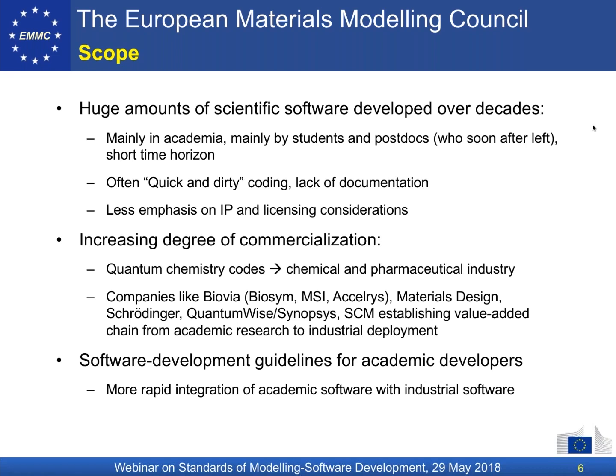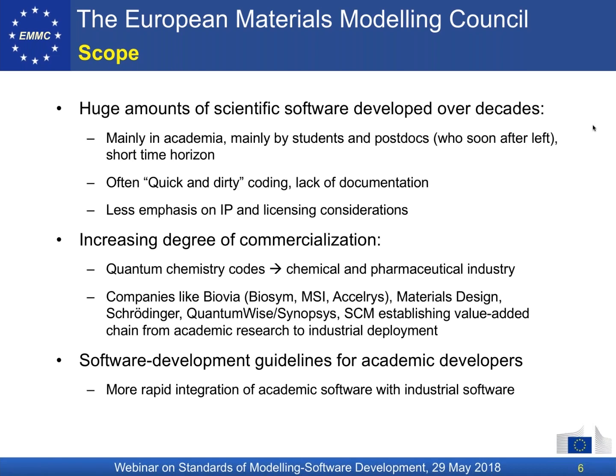On the other hand, we see an increasing degree of commercialization. In particular, this is well known for quantum chemistry codes. The chemical and pharmaceutical industry has been using quantum chemistry codes for several decades and has usually had quite good experience with that.